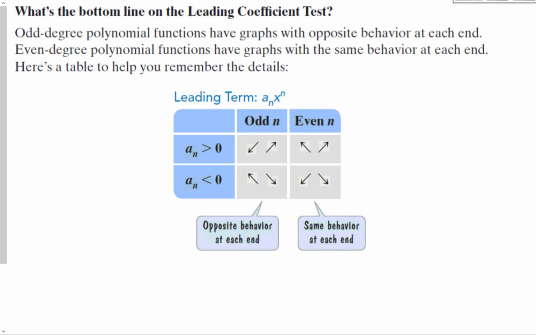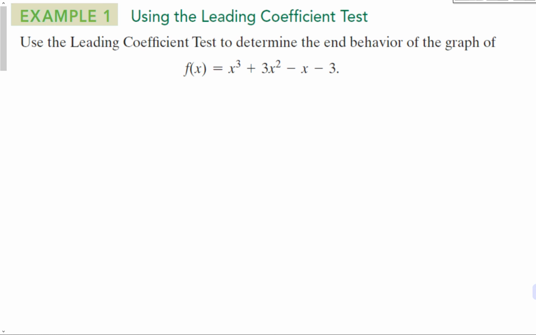Now, let's try it. Let's use the leading coefficient test to determine the end behavior of the graph of x to the third plus 3x squared minus x minus 3. So all I really care about here is that first term.